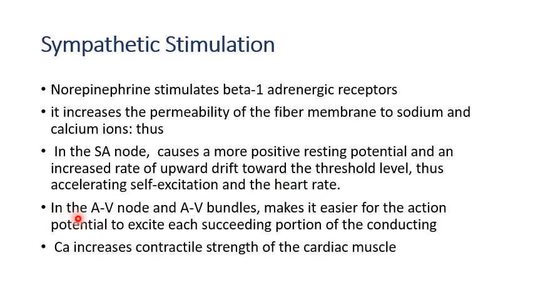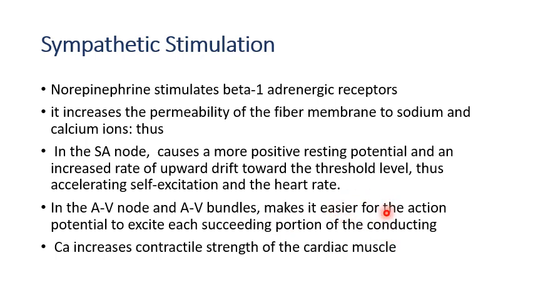And in the AV node and AV bundles, there will be an easier generation of action potential, and conduction of the action potential that is coming from the previous portion of the conductive system.